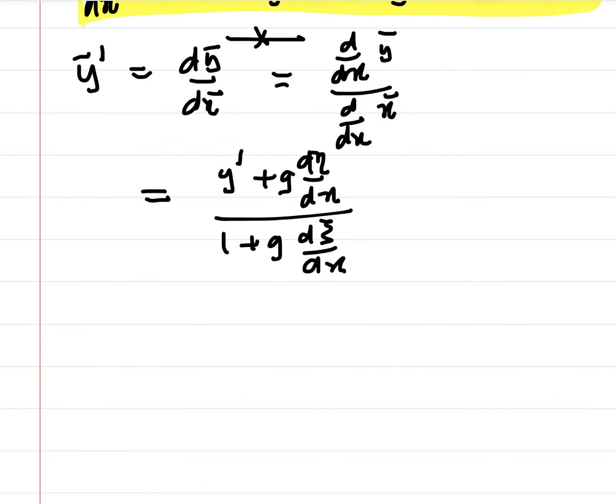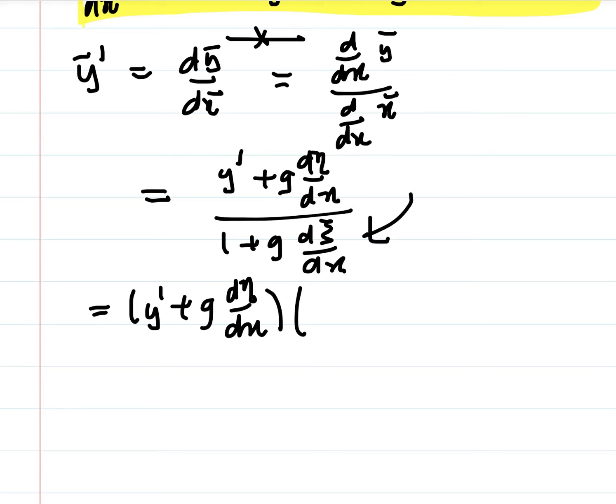I need not do any terms involving g squared, etc. All I need is the coefficient of g in this whole expansion. If I expand this using the geometric series at the bottom, so if I expand that 1 over that, I get 1 minus g times d xi dx, plus of course terms that are higher order in g.